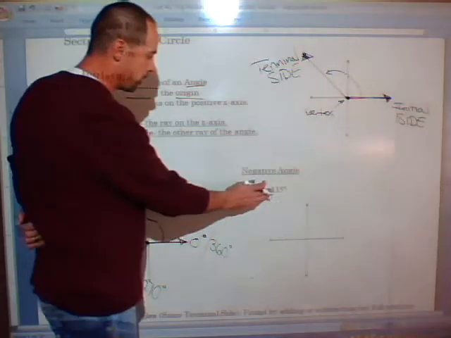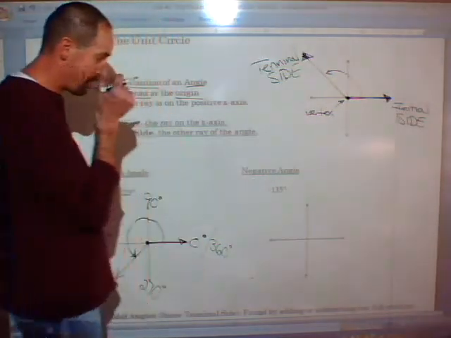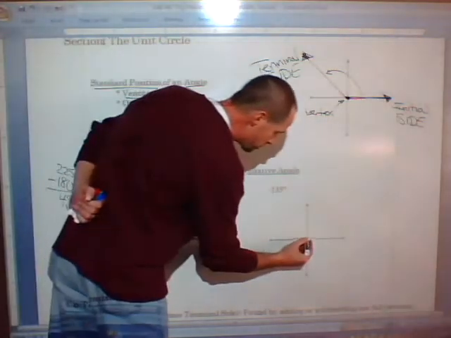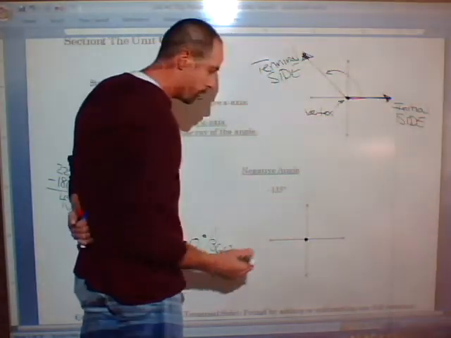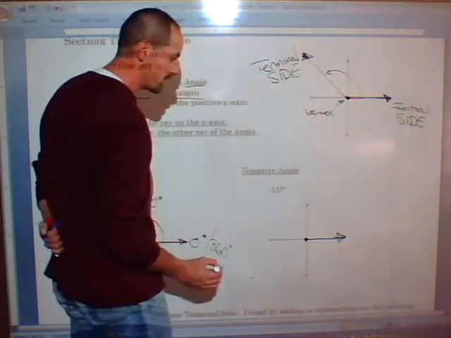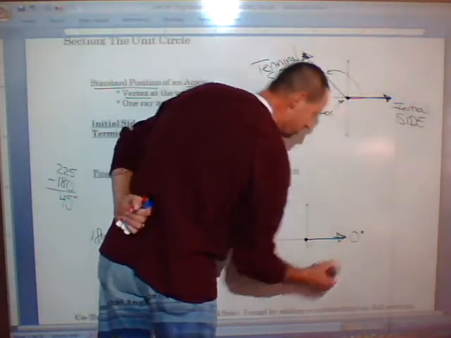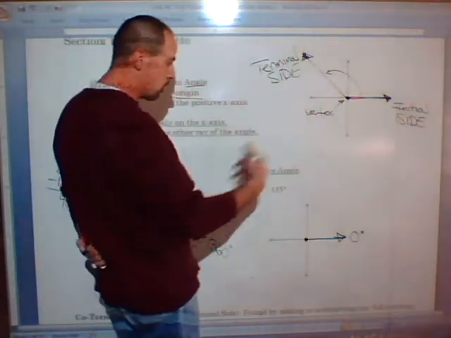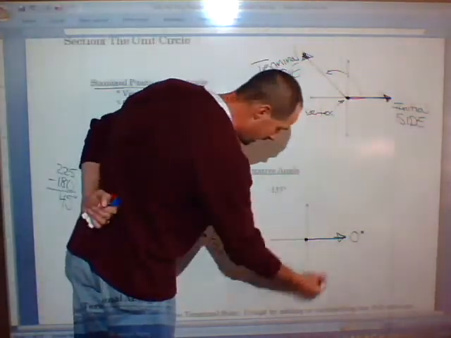Let's go to the negative angle, negative 135 degrees. Negative angles are sketched slightly different. You still have the vertex at the origin, and the initial side is still your positive x-axis, and that represents 0 degrees on our graph. But the negative angles we actually graph clockwise.